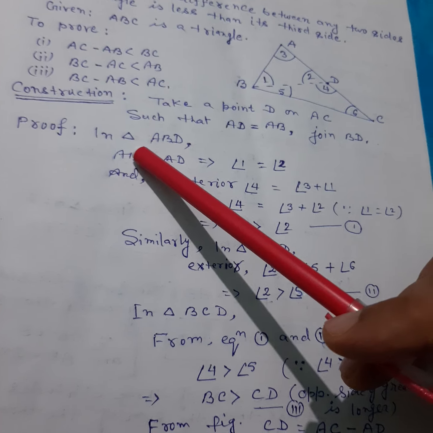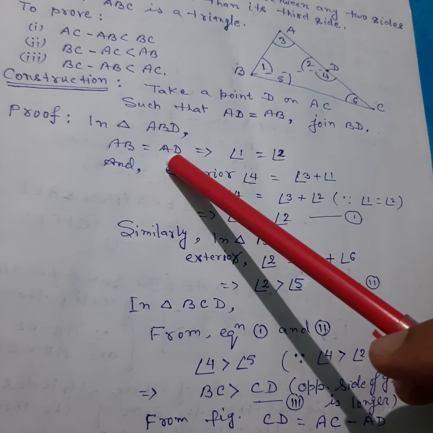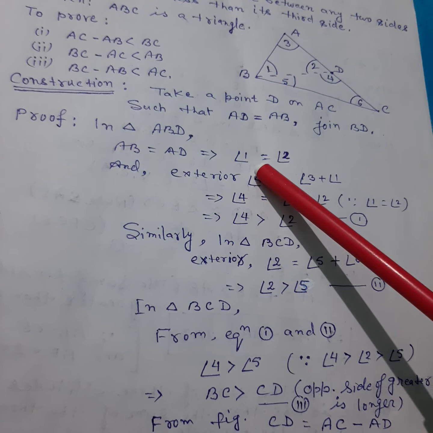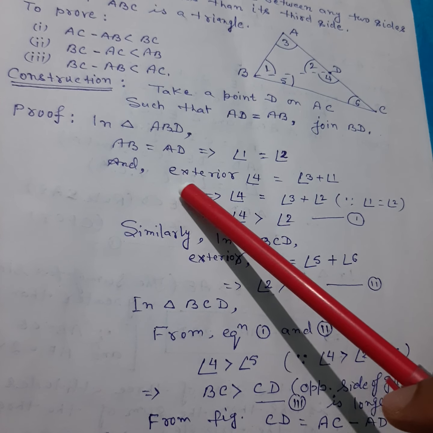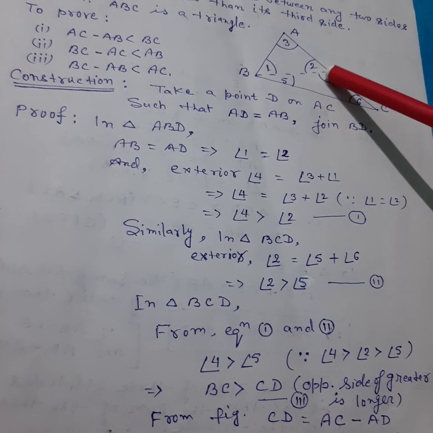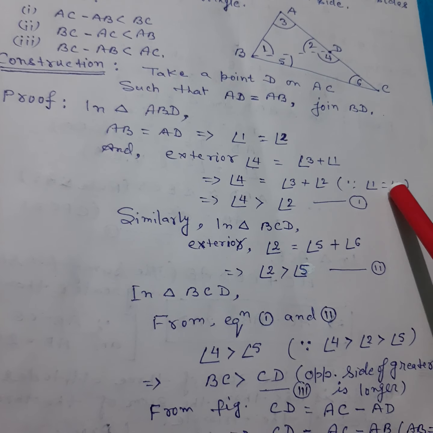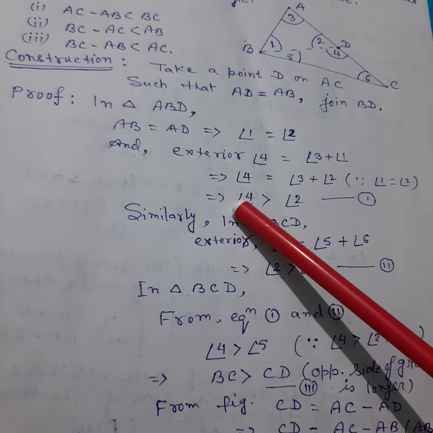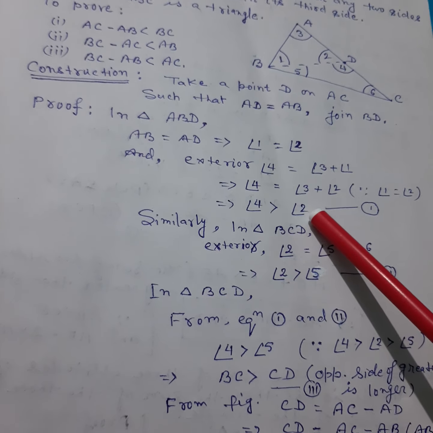Proof: in triangle ABD, AB equals AD, so angle 1 equals angle 2. And exterior angle 4 equals angle 3 plus 1. In place of 1 we can write 2, so angle 4 equals 3 plus 2, or angle 4 is greater than 2.